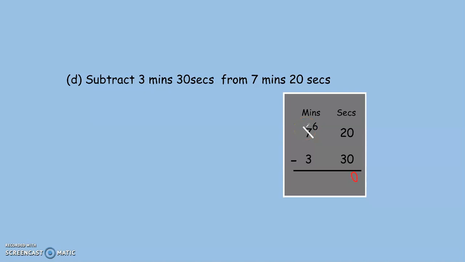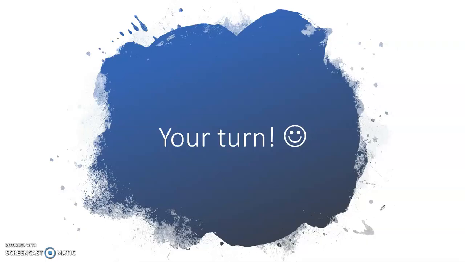So we score out our 7 minutes and we take it down to 6 minutes. So we've borrowed 1 whole minute and we bring that over there and we add it on, okay? So really what we've got is 80 seconds here. If we subtract the 30, we're left with 50 seconds, and then we've got 6 take away 3 to leave me with 3. So my final answer would be 3 minutes and 50 seconds, okay? We're basically just setting these up like chimney sums here, okay?